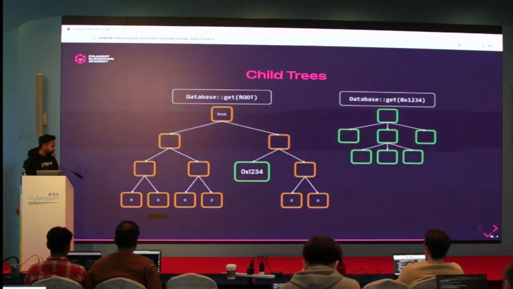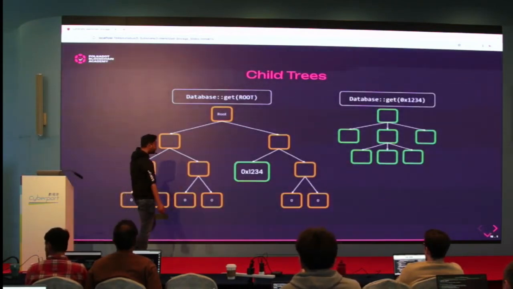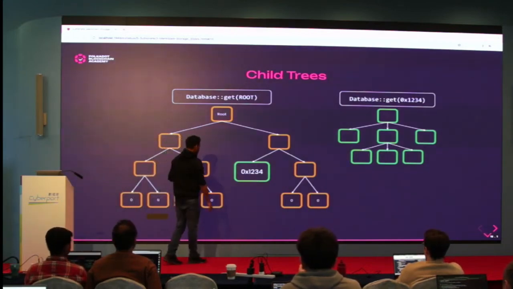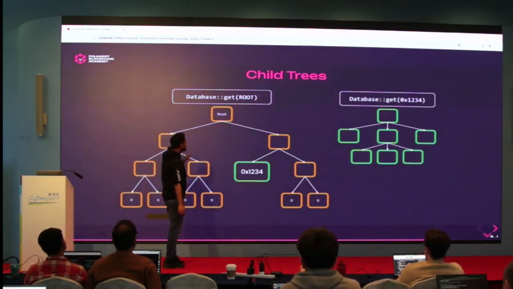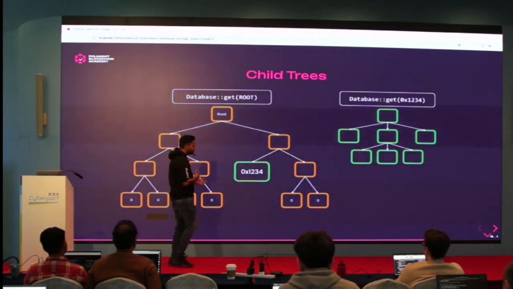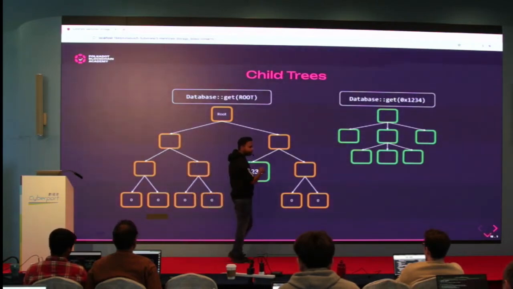Child tries. So there's another nice feature of Substrate that generally is not used a lot. This is base 16, a very opinionated format that Substrate uses. But imagine you want your own trie structure.